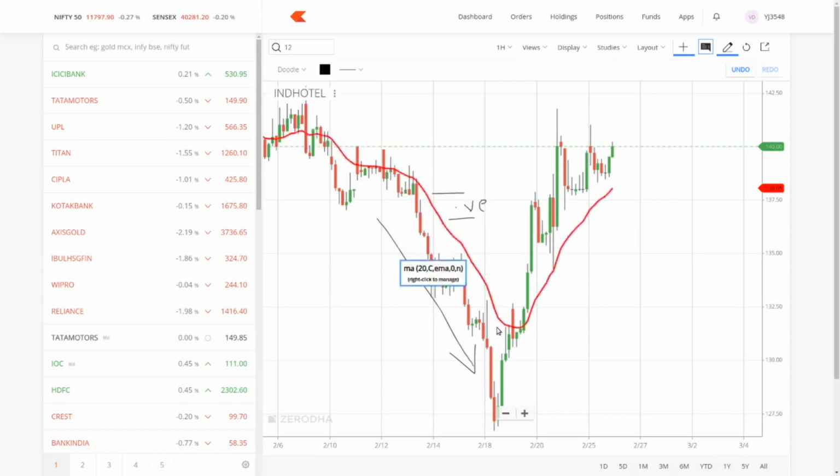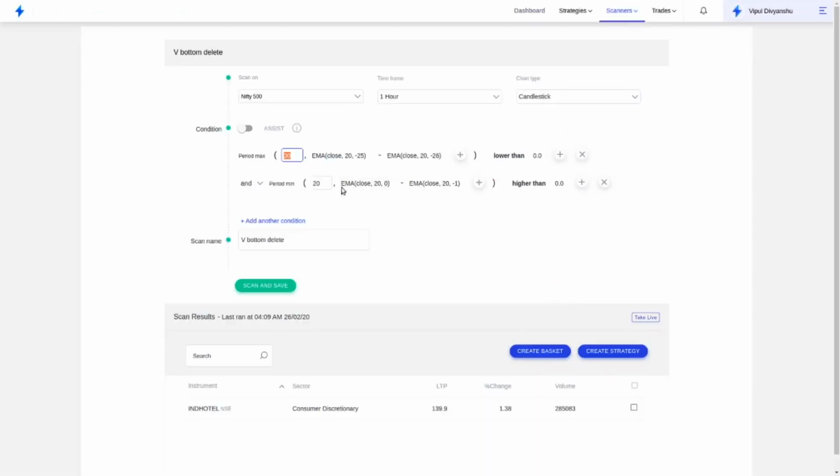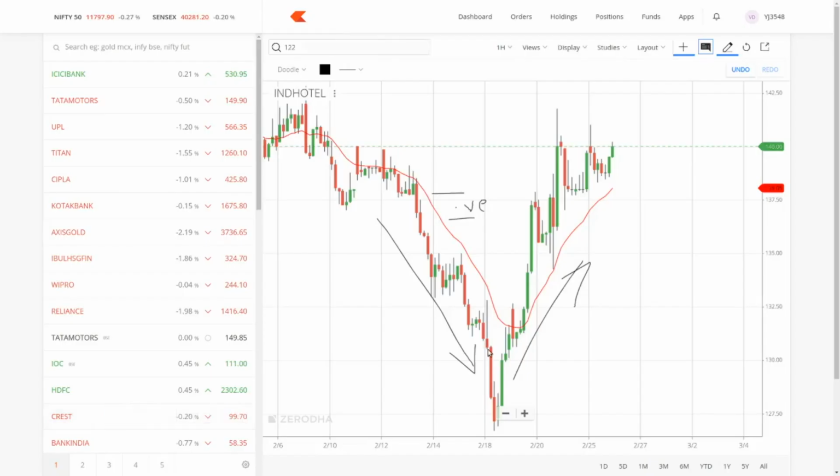EMA never increased. Now in the recent candles it has increased, and that's what is being identified by this second condition, that the lowest difference between the current EMA and the previous candle's EMA has become positive, and that's why we get this result. And this is a simple V bottom scan.